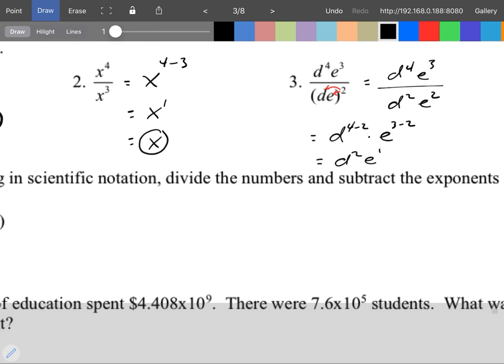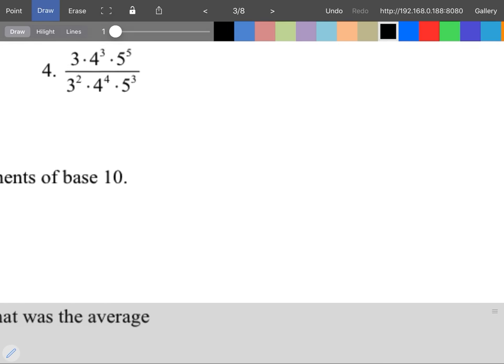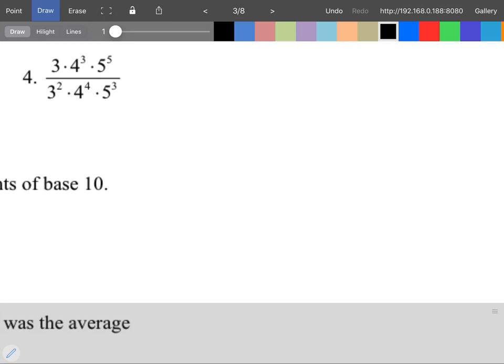So you just end up with d squared e, or e to the first. So that's number 3. Let's look at number 4. Again, if you guys need something, just unmute and stop me, okay?